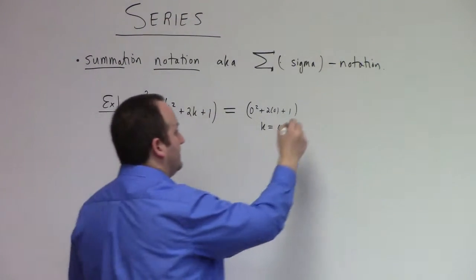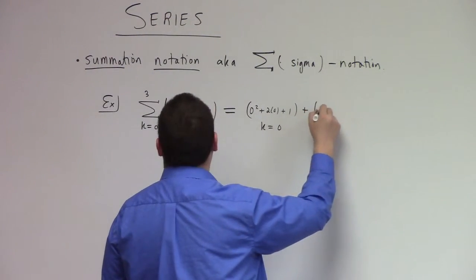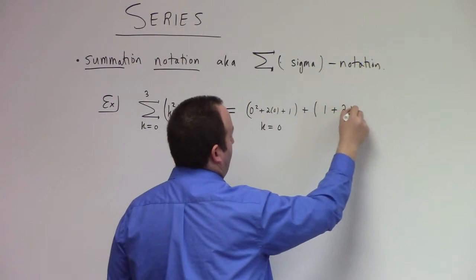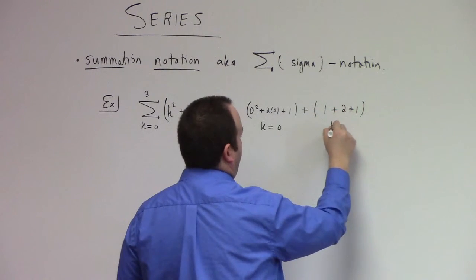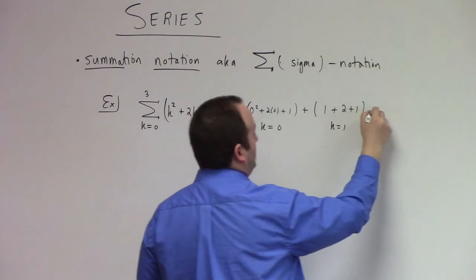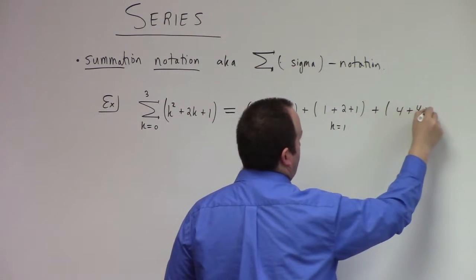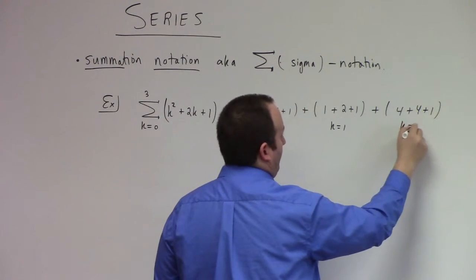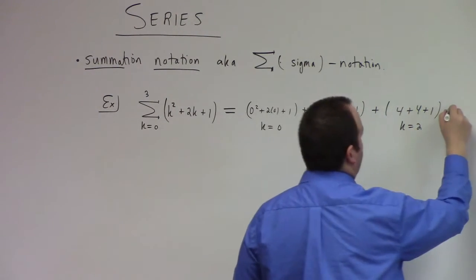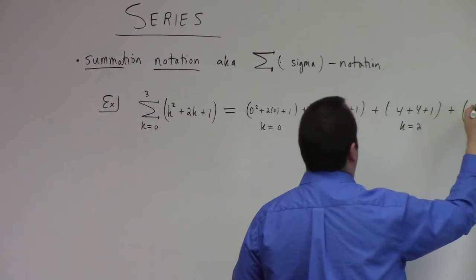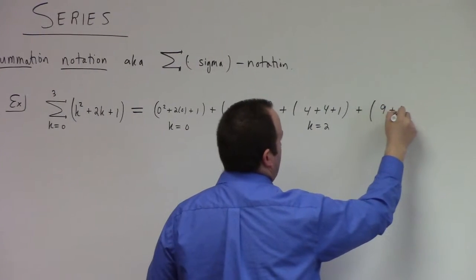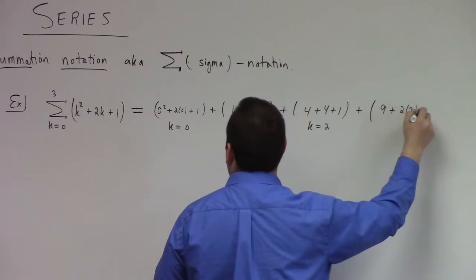Then I plug in 1. So that would give me 1 plus 2 plus 1. Then I plug in 2. That's 4 plus 4 plus 1. Then I plug in 3, which would give me 9 plus 2 times 3, which is 6, of course, plus 1.